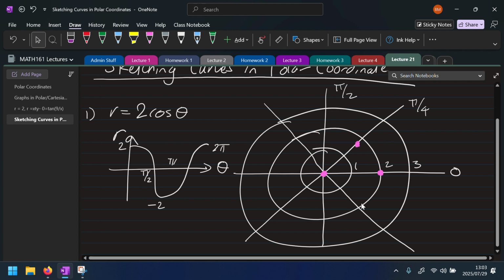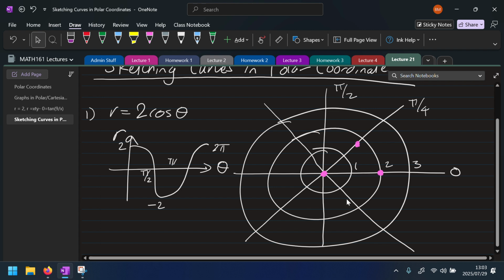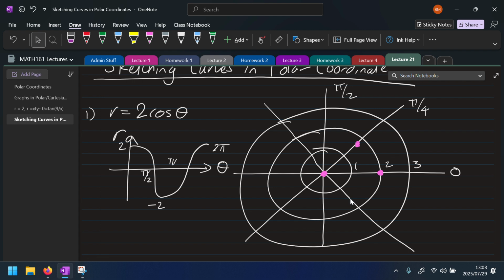What about this angle over here? What angle is that going to be? Okay, this one's pi over 4, and we go all the way around to here. What's that going to be? You must know your angles going around a circle.